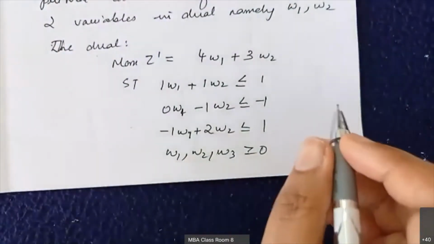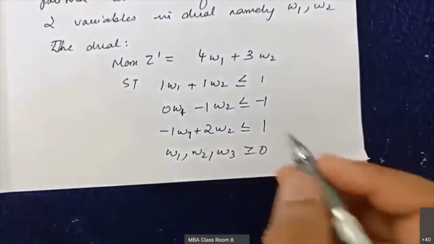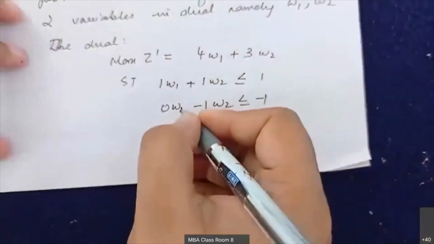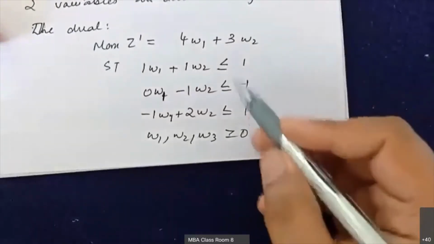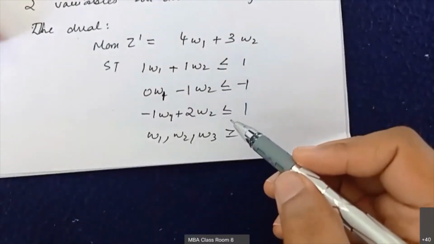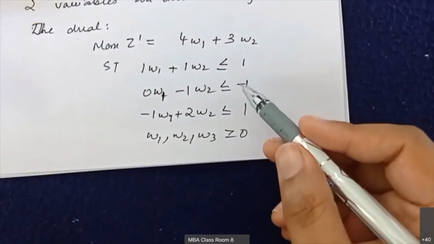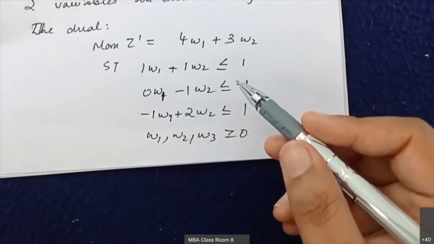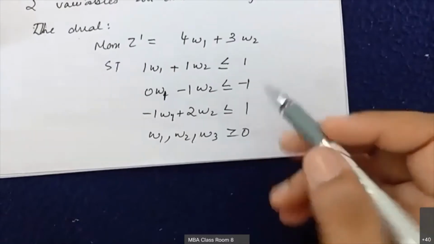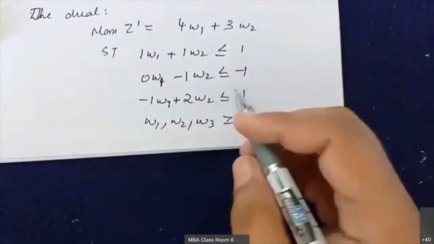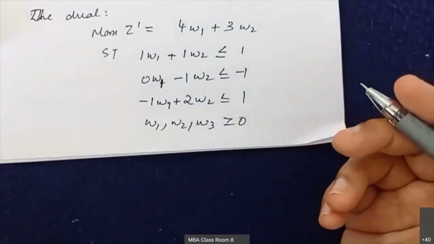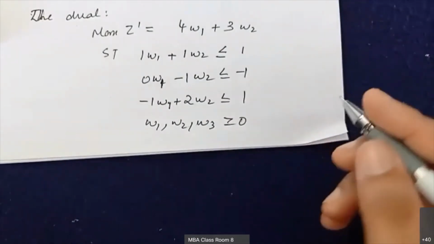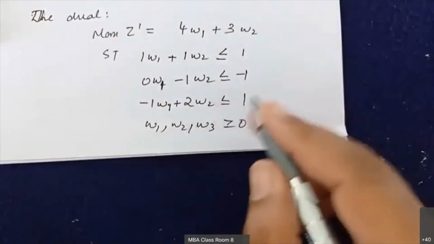Okay, once we have so much, what will we do? We'll go for the simplex table. Okay, here can you tell me, are we using the simplex table or are we going to use the big M method? Okay, so before deciding that, there is one more thing that we have to check.